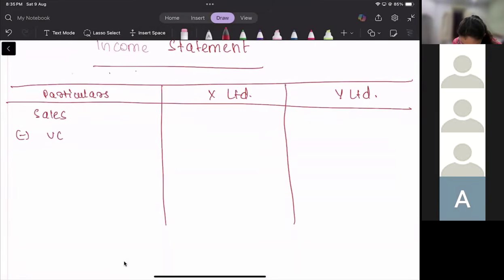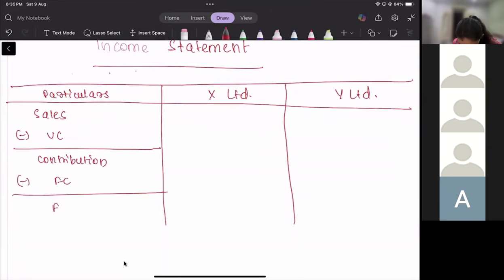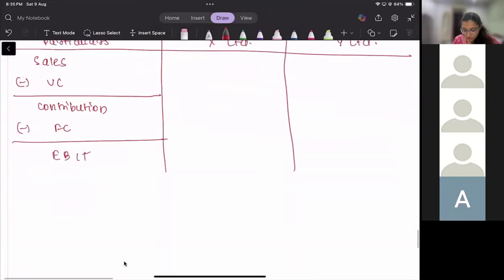Sales minus variable cost gives you contribution, minus fixed cost is equal to EBIT. Now, in doing this RTP itself, we have done two formats of finding EBIT, right? One method is sales minus variable cost gives you contribution, minus fixed cost gives you EBIT. Or sales minus cost of goods sold gives you gross profit, minus operating expense gives you EBIT. Remember that, okay?